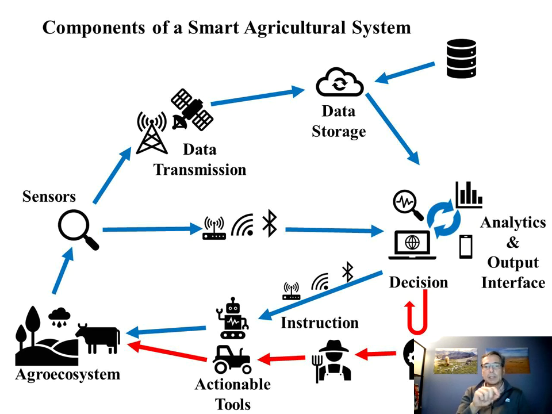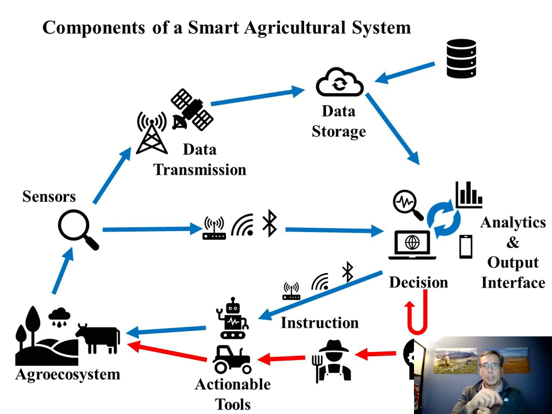Those sensors will then send data over to an analytical system that will interpret the data and either generate output that could result in an actionable instruction or a decision that's being made, or provide information.